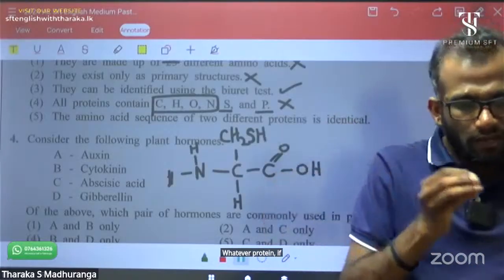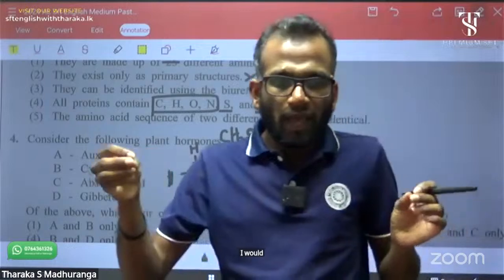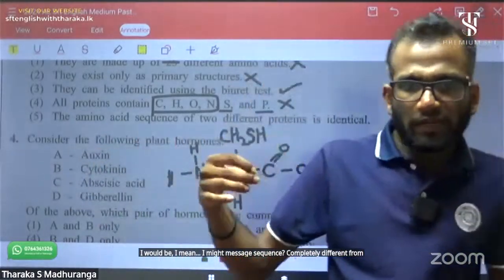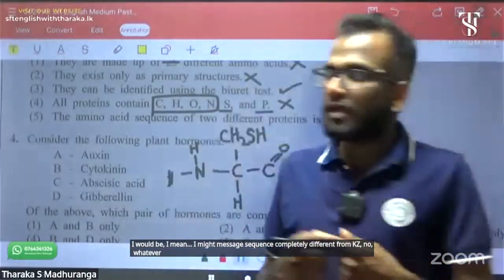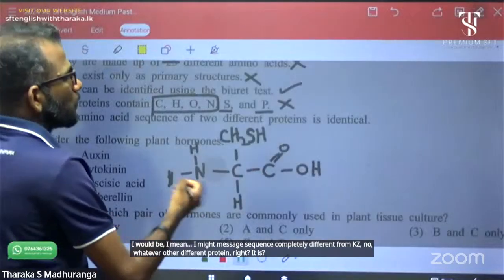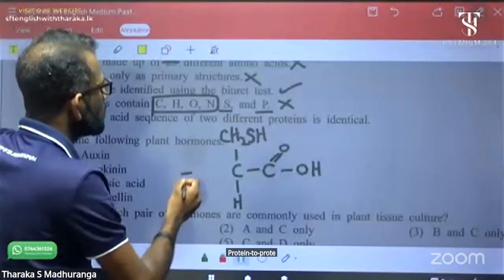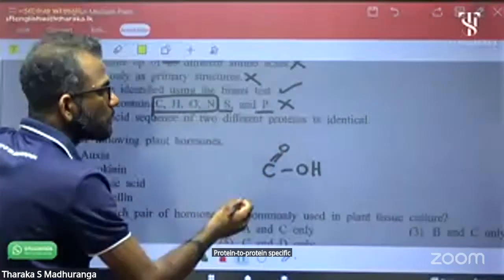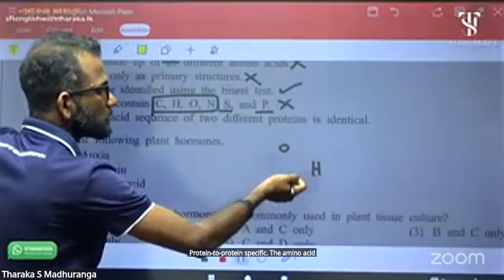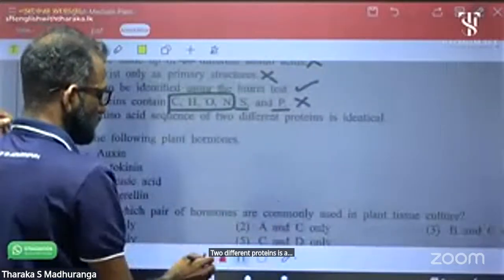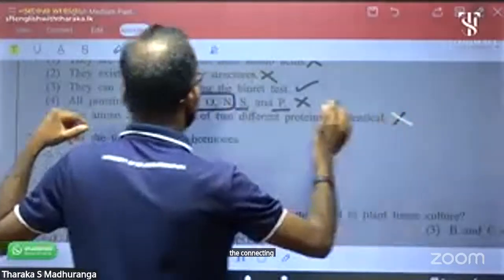Albumin's amino acid sequence is completely different from casein or any other protein. It is protein to protein specific. The amino acid sequence of two different proteins being identical is completely wrong. It is totally different.